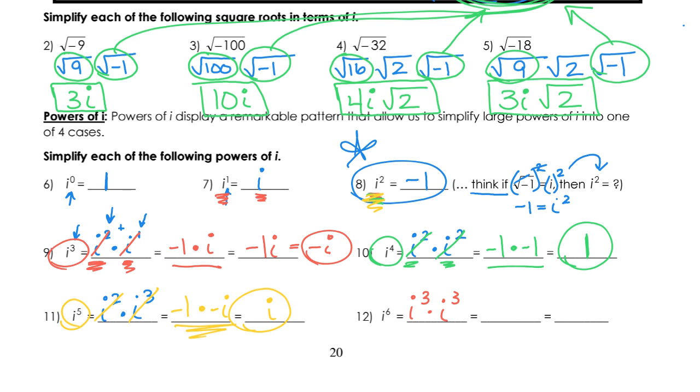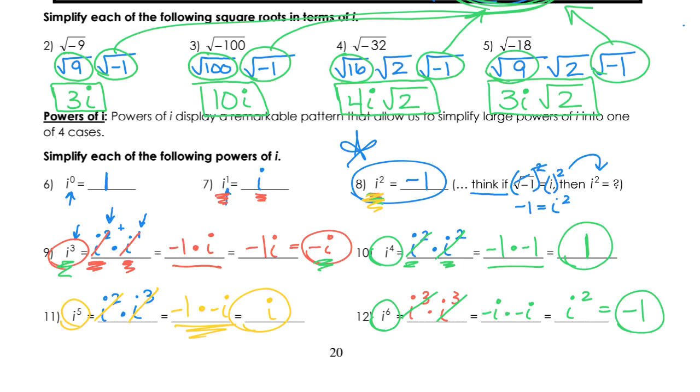And i to the 3rd back in number 9, remember i to the 3rd is equal to -i. So we're going to replace this i to the 3rd with -i, and that i to the 3rd with -i. And a negative times a negative is a positive, and i times i is i squared. However, back in number 8, i squared is equal to -1. And so now we end up with that, okay?